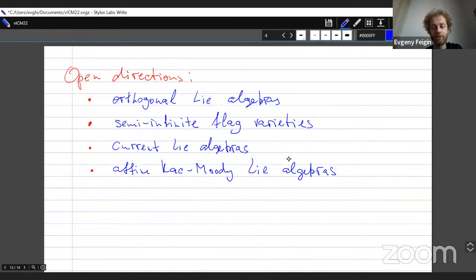But for orthogonal Lie algebras, such a concrete description is not really available. It would be interesting to consider the orthogonal Lie algebras as well as the Lie algebras of other simple types.